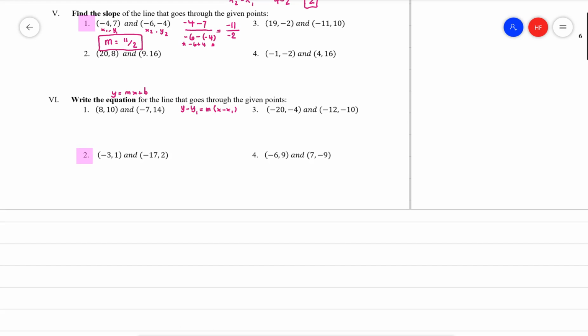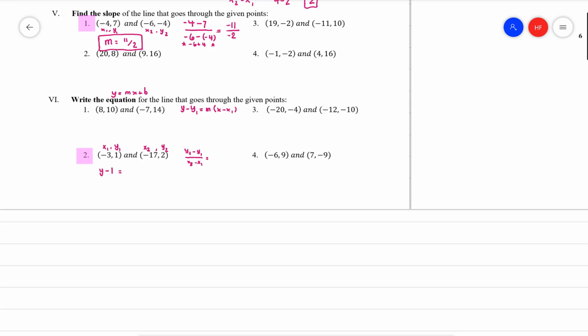So first thing we want to do is label our points, x1, y1, x2, y2. We've got y minus y1. We're just going to use the first point for now. And that equals m, which we need to find by our slope formula. So you see how everything's tying together.